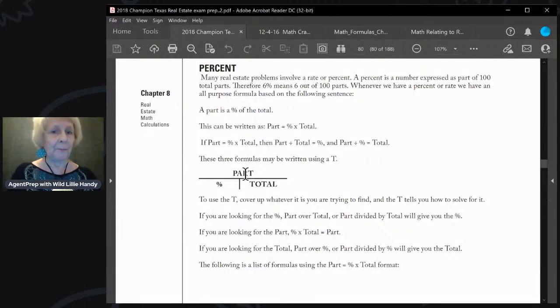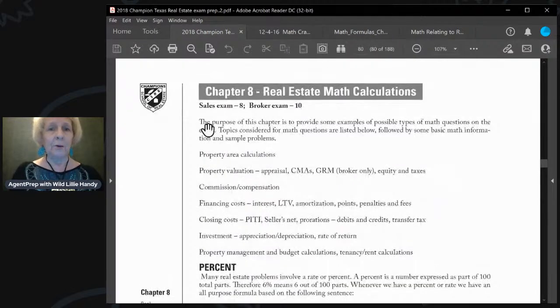So since the part is on top, the formula will be part equals percentage times total, or part divided by percentage equals total, or part divided by total equals percentage. Learn this formula. It'll help you calculate a lot of the national questions, and you have 8 in the sales exam. I think they still have 8, maybe increased it to 9 or 10, being that this was from 2018.